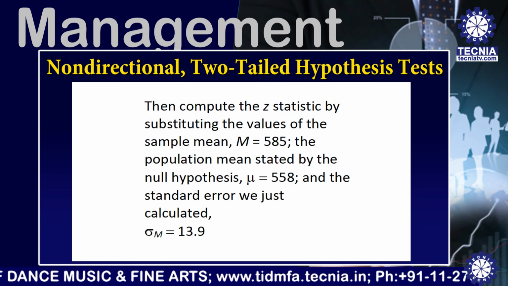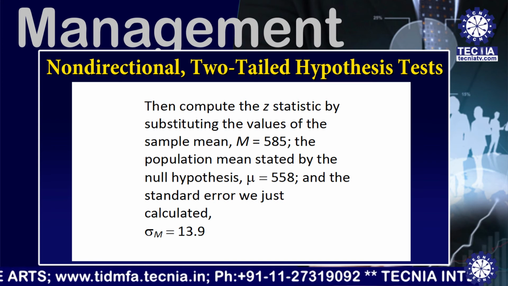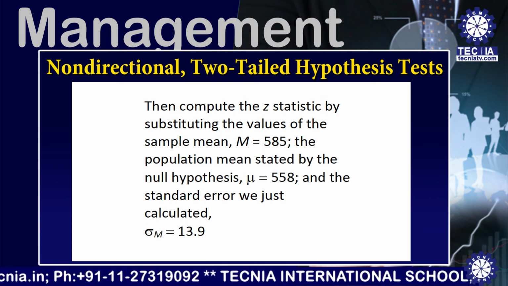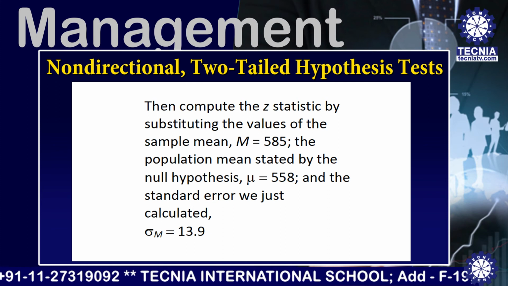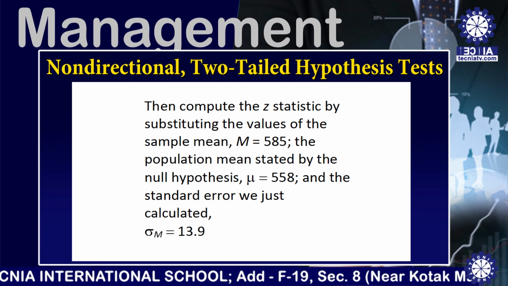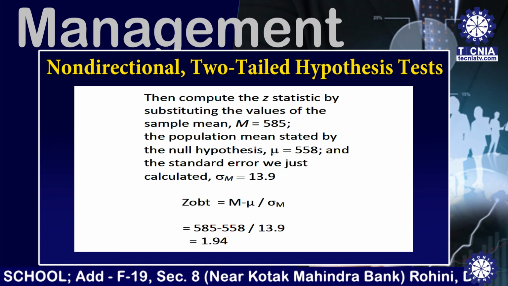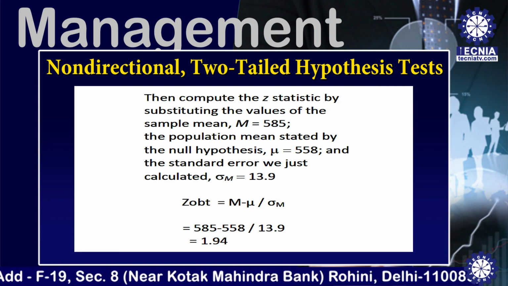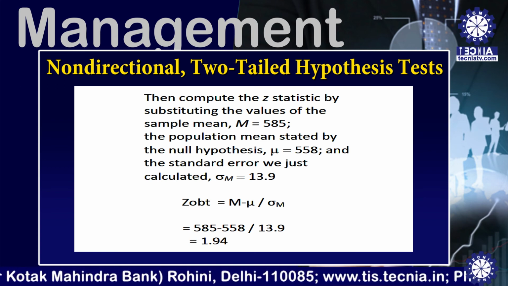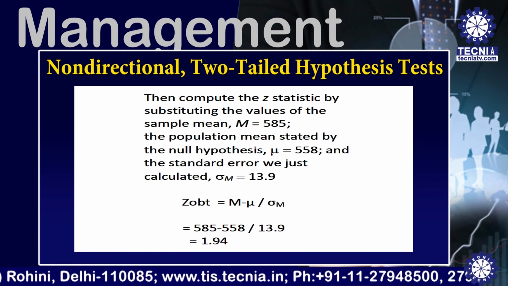Then compute the Z statistic by substituting the value of the sample mean, which is M equal to 585, the population mean stated by the null hypothesis, mu equal to 558, and the standard error we just calculated, sigma M equal to 13.9.